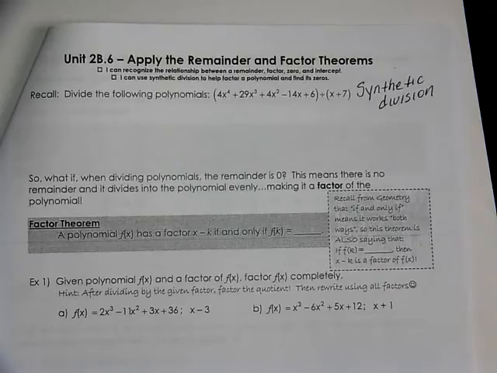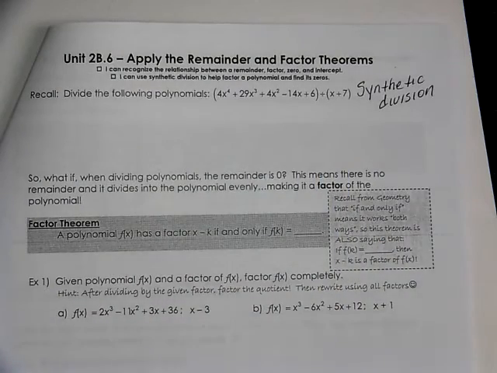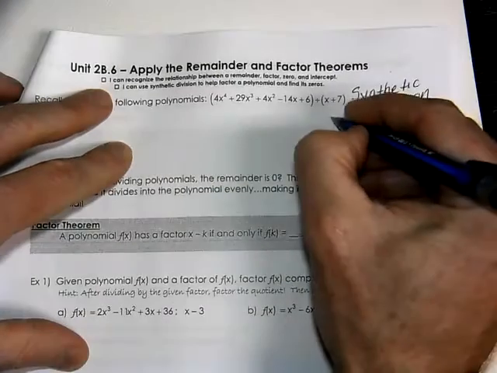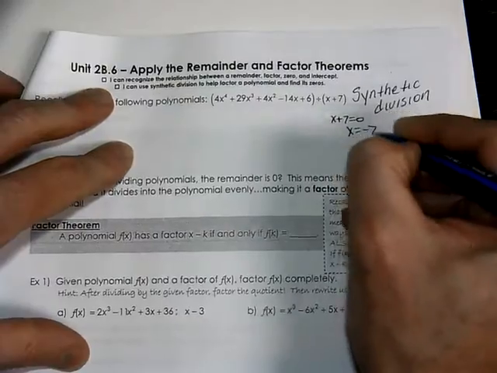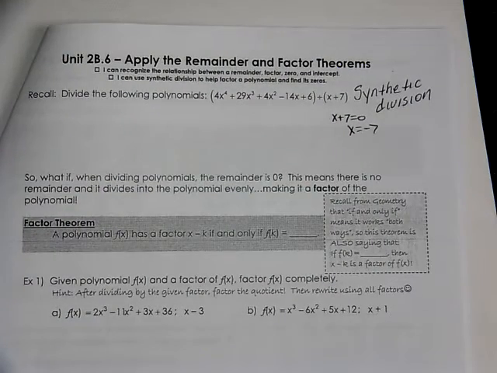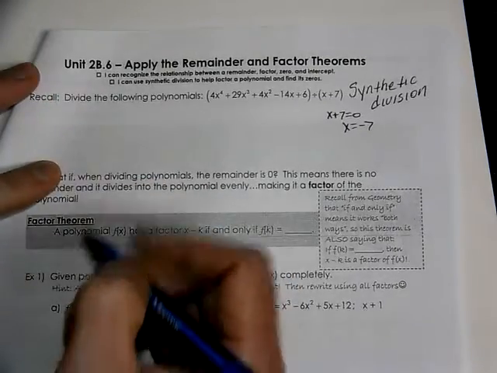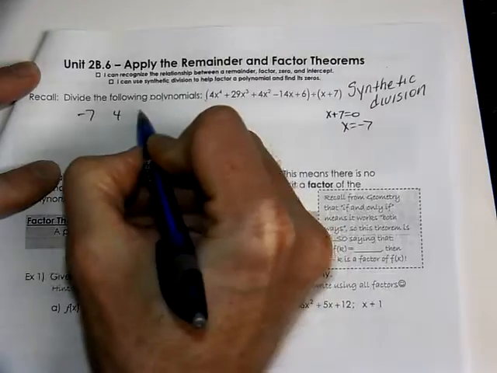We can use synthetic division as long as we're working with an x plus a value. So we're going to set that equal to 0, so we know that the 0 value is going to be x equals negative 7. So we're going to use negative 7 in our synthetic division.